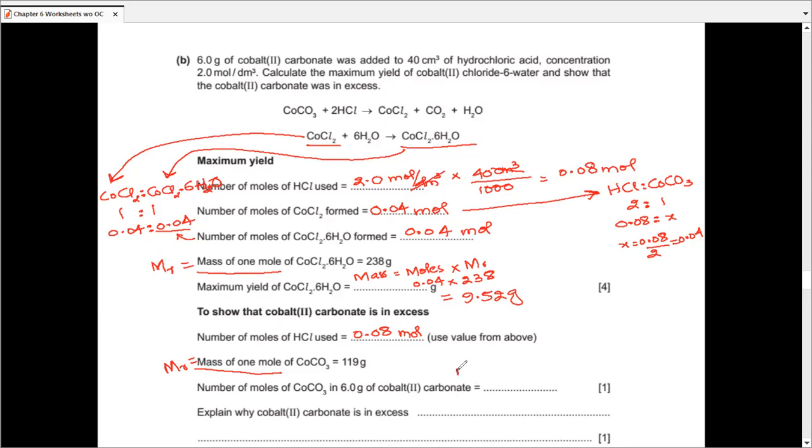So now we know moles is equal to, since he's asking for moles, mass over MR. And he has just clarified for us that the mass is 6.0 grams and the MR is 119. So 6 divided by 119, of course, this is gram per mole. We cancel out gram and gram. What's the answer of 6 divided by 119?